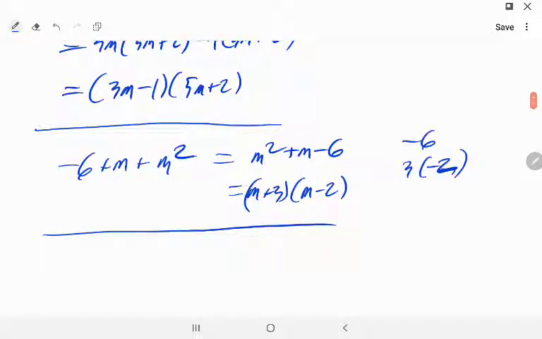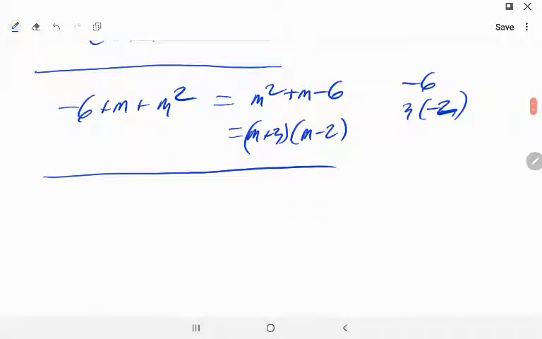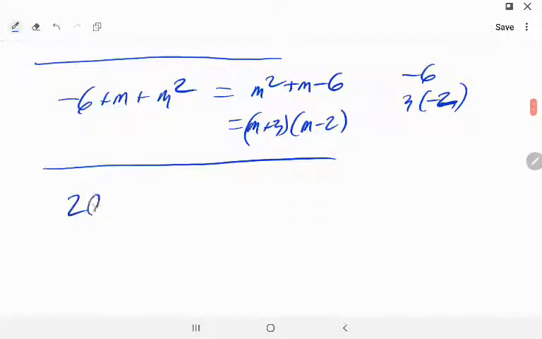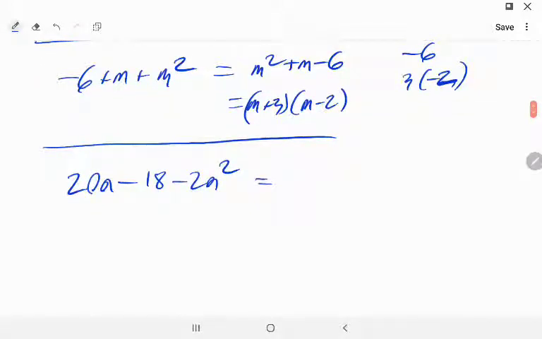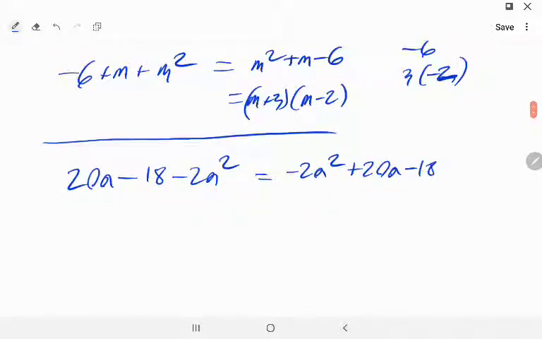If we were going to look at 20a minus 18 minus 2a squared, this one we actually have two options. We could do this: first we need to put it in the correct order, negative 2a squared plus 20a minus 18, and then we can use the AC method.